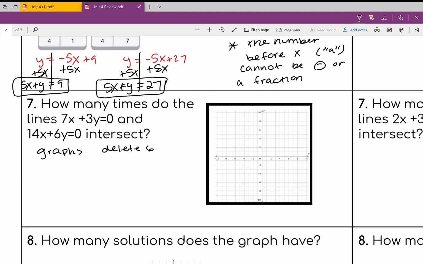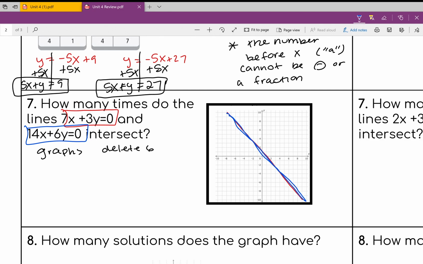Remember, once you graph this, it's just asking if they intersect. So on your calculator, what it would look like is something like this. So this first equation that I'm going to box in red looks like this. This is just a rough sketch. It's not exact. And then the other equation that I'm boxing in blue looks like this.